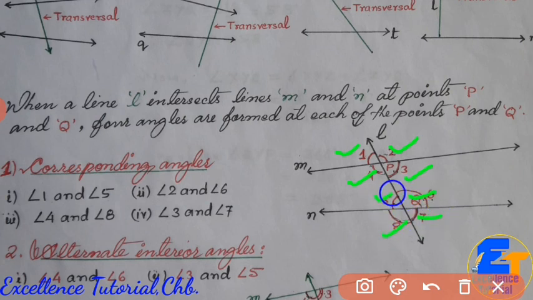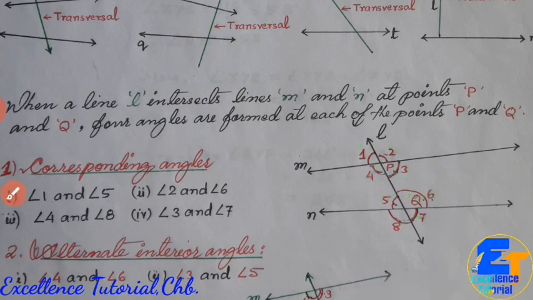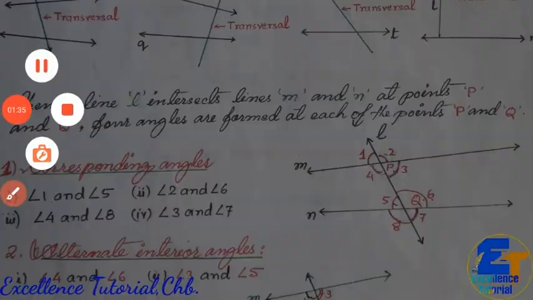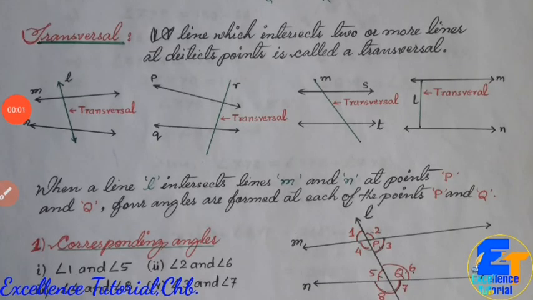In the same way at point Q, four angles are formed. This is first, second, third and fourth one. That means when a line L intersects line M and line N at two points, suppose P and Q, four angles are formed at each of the points P and Q.